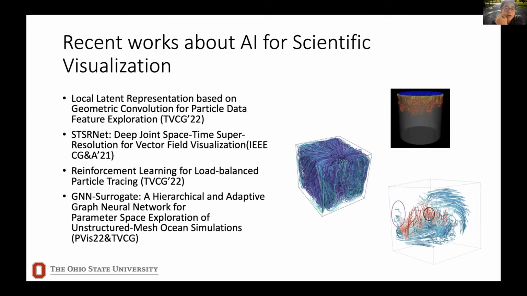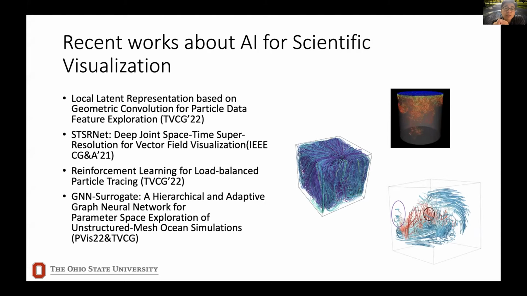So today I want to mention a subset of our papers published this year and last year. For example, I'm going to talk about how we use machine learning, in particular autoencoder, to represent particle data. Particle data has specific challenges. I will talk about it.